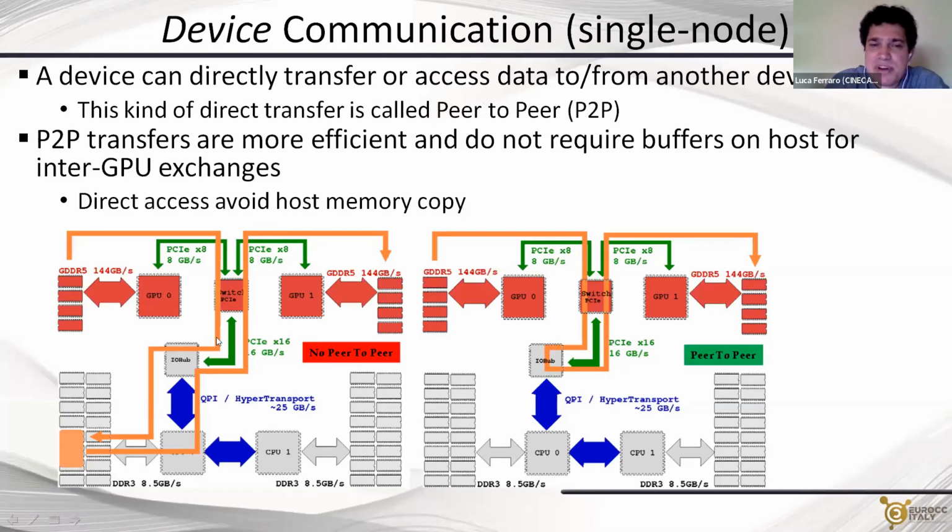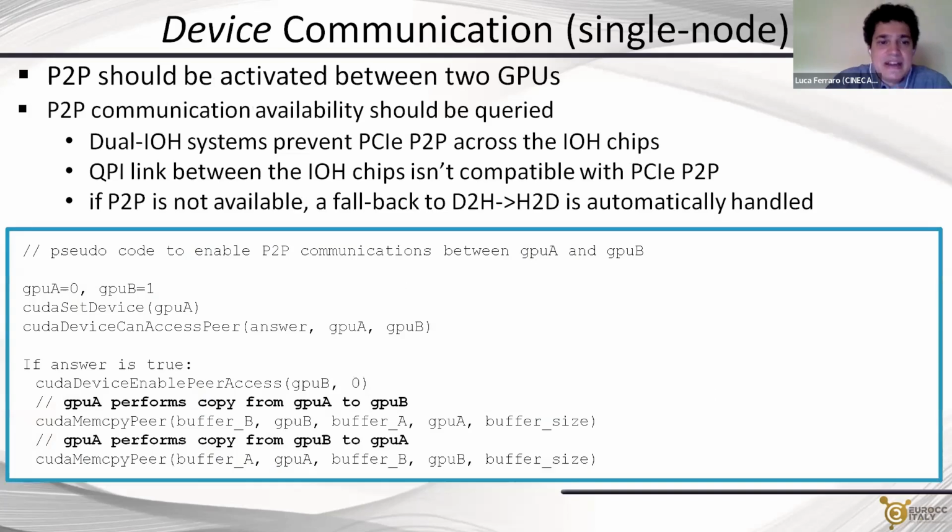All this is performed by the CUDA driver, so you don't have to explicitly reserve host space for this communication to take place. It will be enabled automatically by the CUDA context and the driver. But querying this ability will give you an answer with respect to the performance that you should expect from your code, whether or not this peer-to-peer communication can take place.